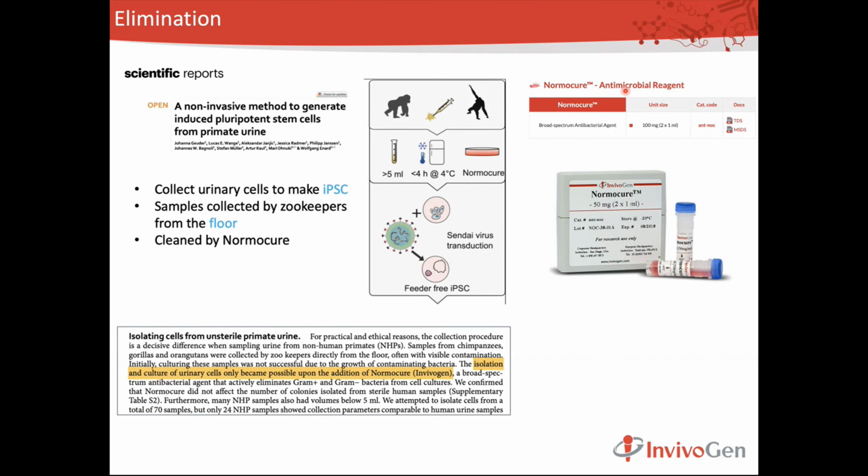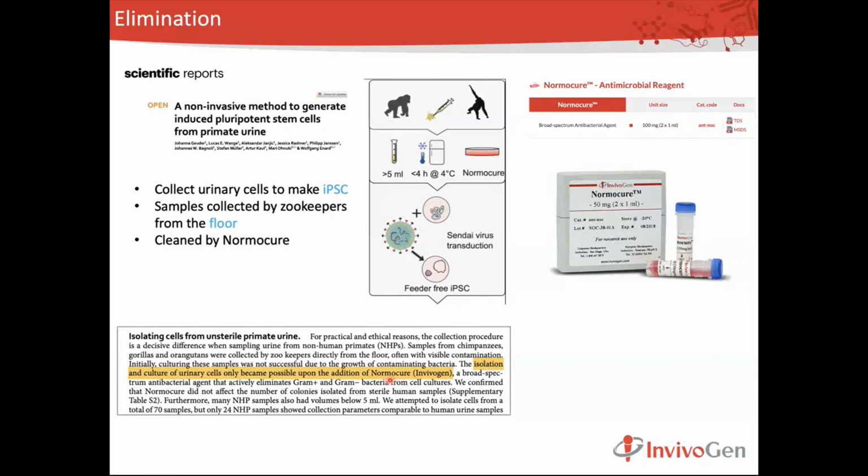So this Normocure is the antimicrobial reagent that specifically targets bacteria. So it does not only prevent, but it kills. So it can be used even after the contamination. And this is exactly what they are experiencing. They already know they have bacteria contamination in the samples.